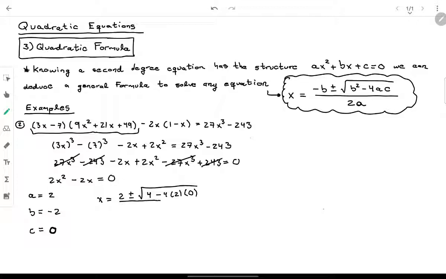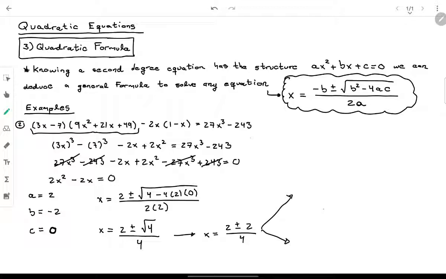All of it divided by 2a. So what happens here? Everything multiplied by 0, it's 0, so it's going to be only the square root of 4. All of it divided by 4. So what happens next? It's going to be x equals 2 plus minus 2, all of it divided by 4.